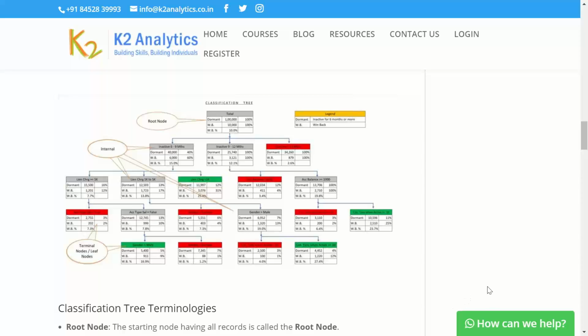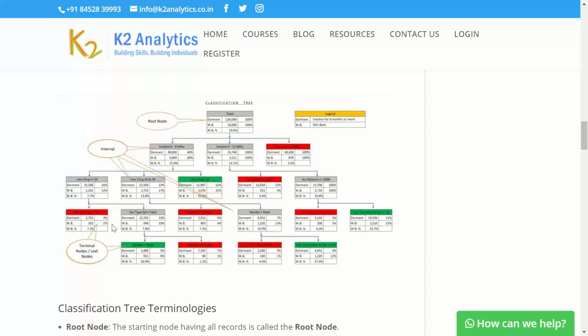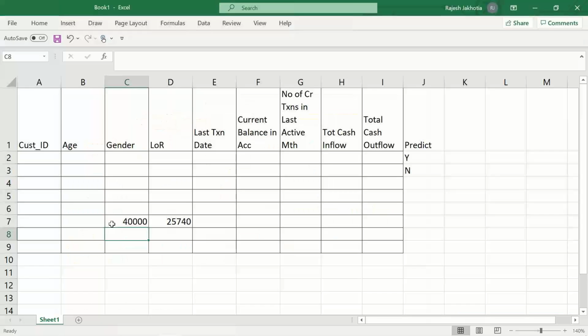Just think of this one simple filter, and what we get is 40,000 and 25,740. These many customers will be targeted. So I'm just writing those two numbers, 40,000 and 25,740. And the number of win backs is 6,000 and 3,121. So total, let's just do addition.